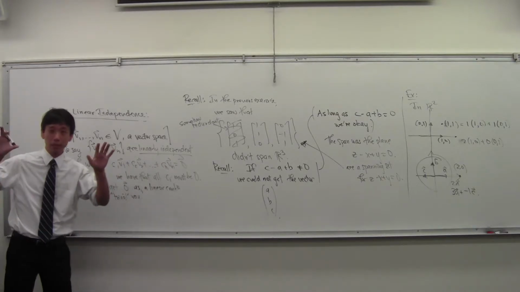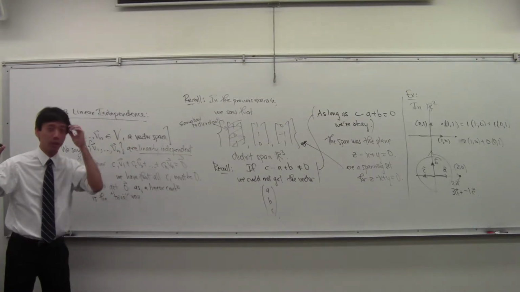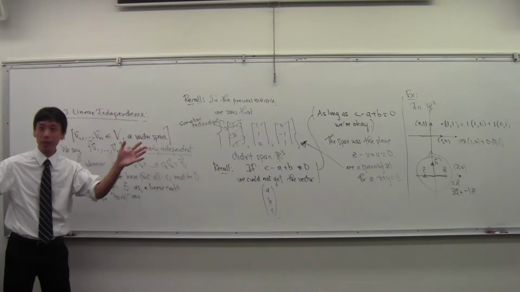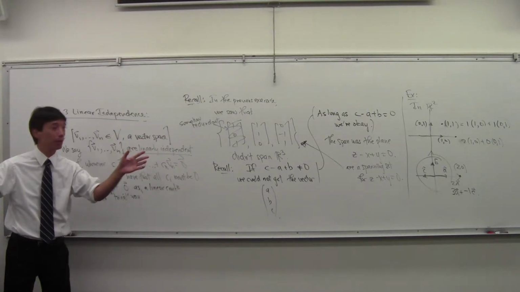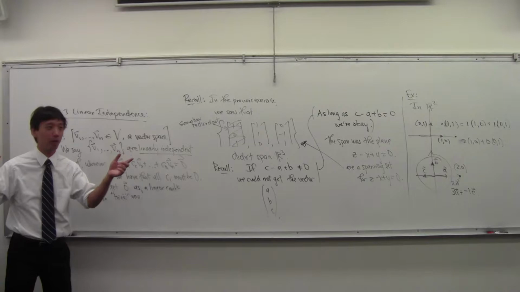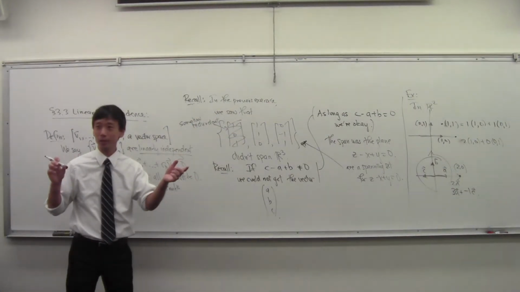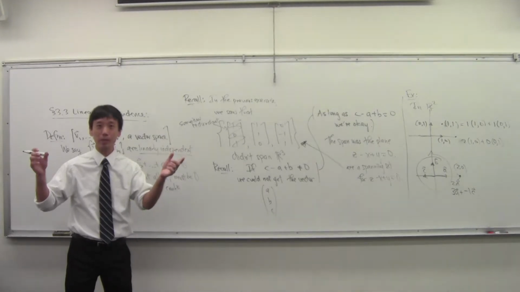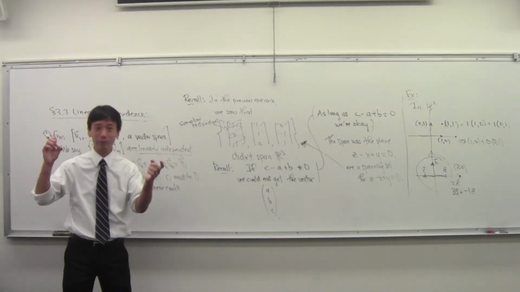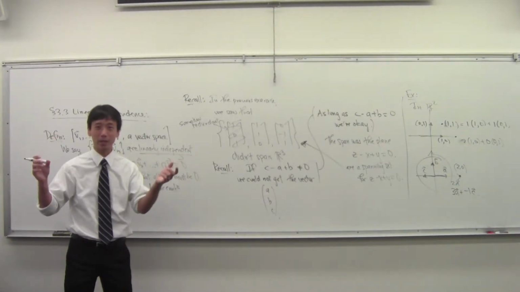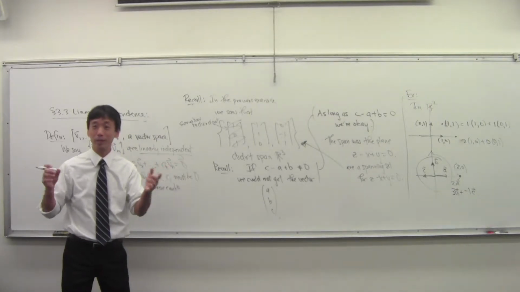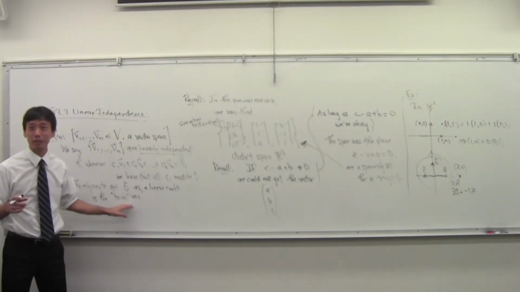So think like this. If I've got a bunch of vectors and I say, let's look at the linear combinations of those vectors, can we get zero? Well, there's one way that always works. Just multiply everybody by zero and add those guys together. You get the zero vector, right? That's what I'm going to call the trivial way of getting zero.